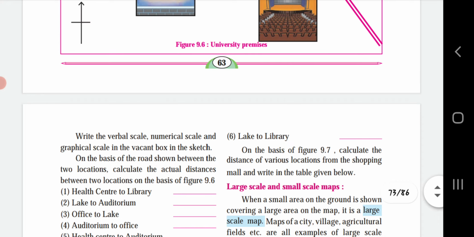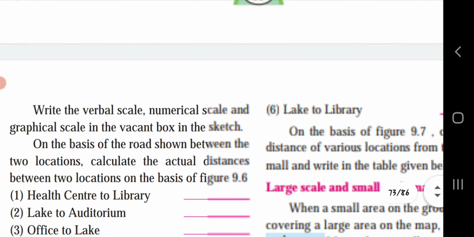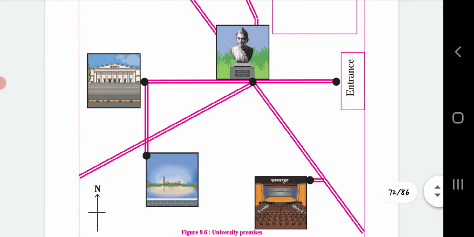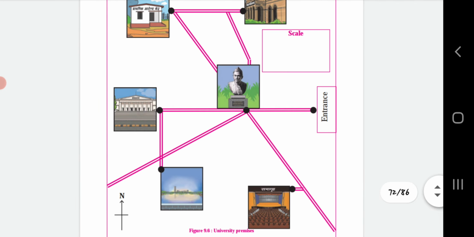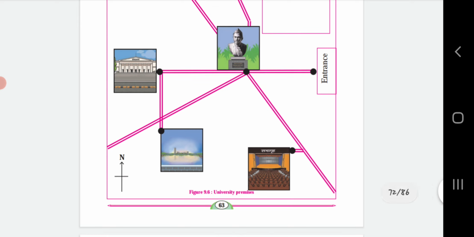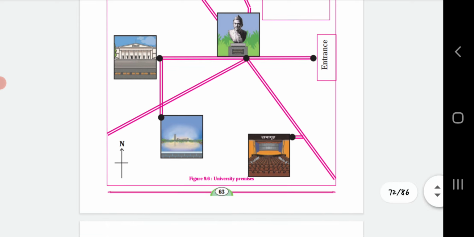Write the verbal scale, numerical scale and graphical scale in the vacant box in the sketch. Now you have to write the verbal and numerical scale. Here you can see 1 km equals 1000 meters. That is, 1 meter equals 100 centimeters.